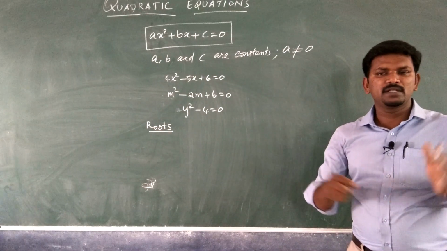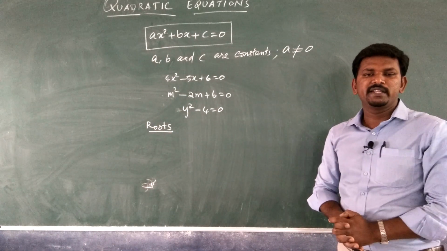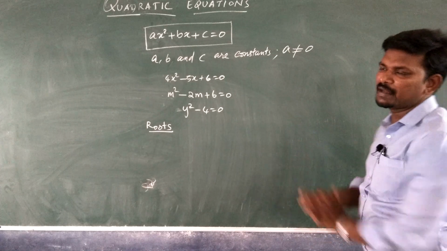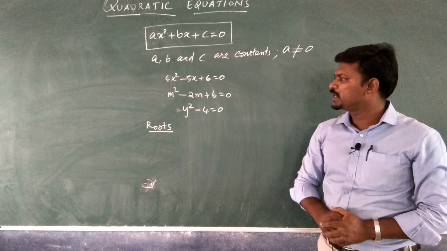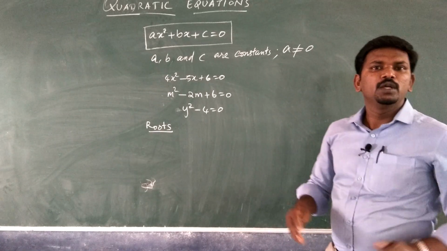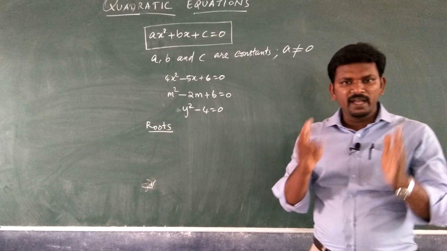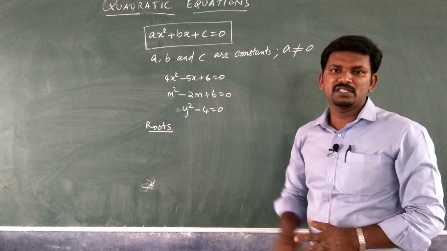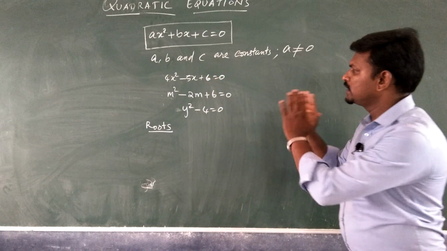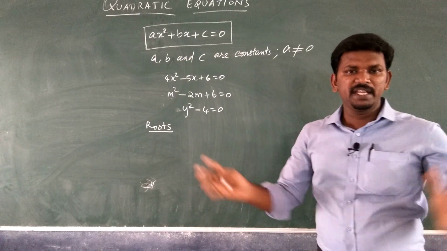Root is nothing but the solution of the quadratic equation or the zero of the polynomial. Root means the value of the variable which satisfies the equation. Not only for the quadratic equation, it may be any equation.